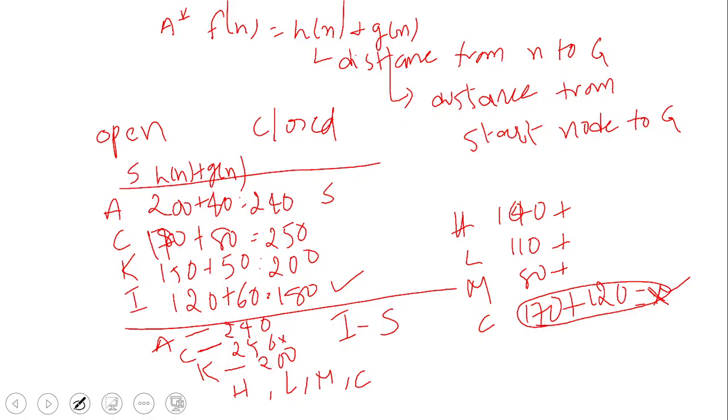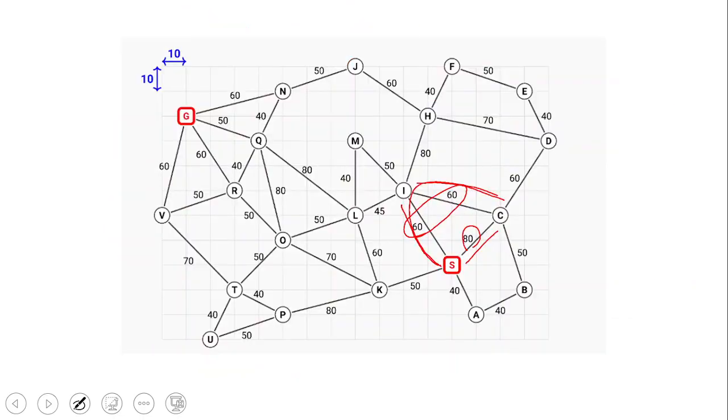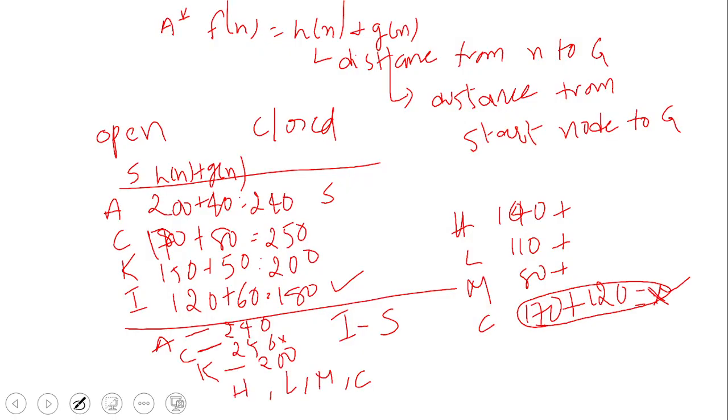If it is greater than the previous value, then neglect. If it is less than the previous value, always we have to consider the least value. That's why this path, coming from S to C, having the higher value when compared to this one, we'll remove this path and consider this path. So whenever it is less, take it as the new one. If it is greater, neglect this one and consider the previous value.